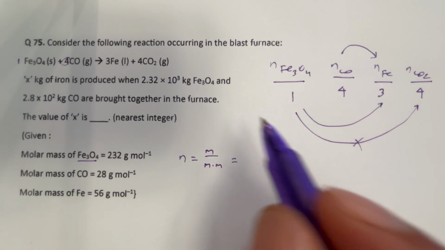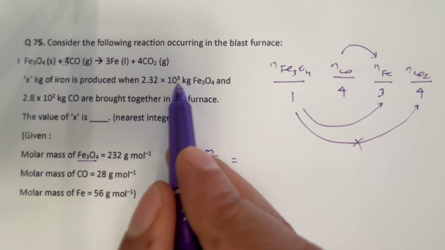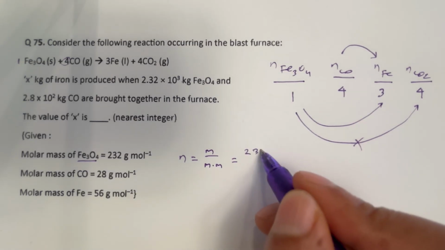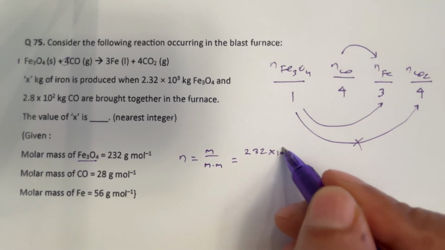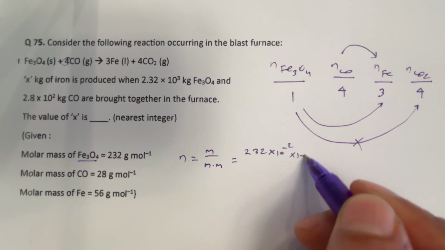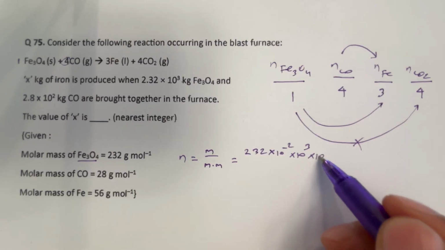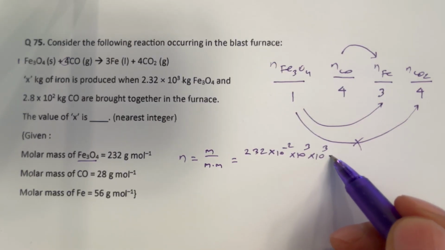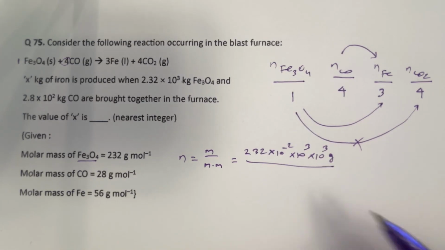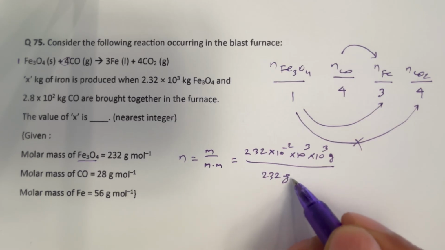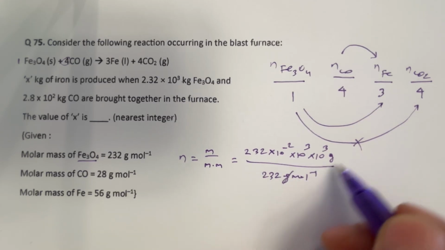Mass is given as 2.32 times 10 to the power 3 kg, which we will write this way: 232 times 10 to the power minus 2 times 10 to the power 3. Let us convert the kilogram into grams. So, another 10 to the power 3 gram divided by molar mass of Fe3O4, that is 232 gram per mole.